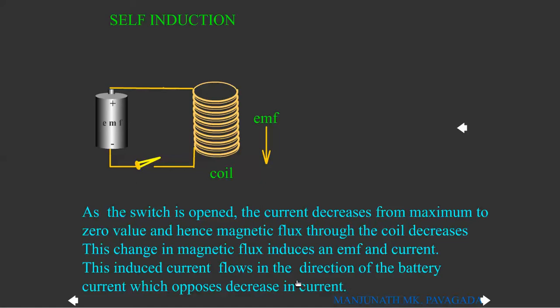So in both cases, this induced EMF produces current that opposes the increase or decrease in current. It means the cause for this induced EMF is the increase or decrease. So this EMF tends to produce current that opposes the cause for its generation.